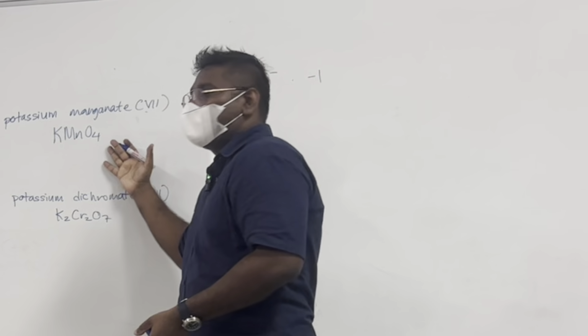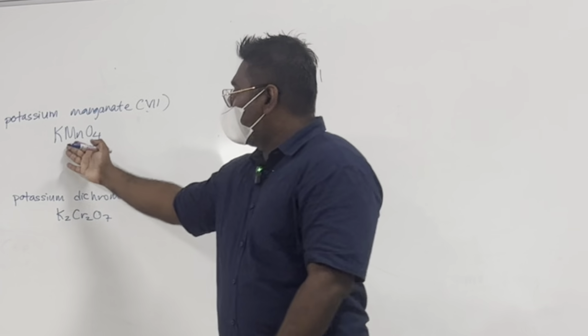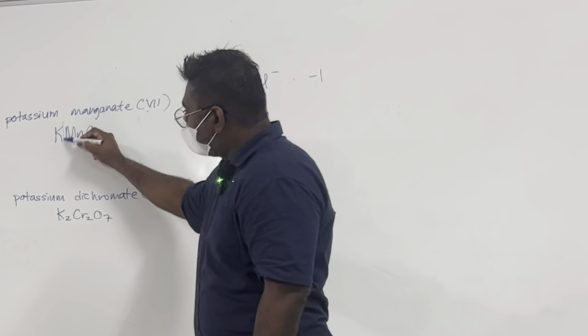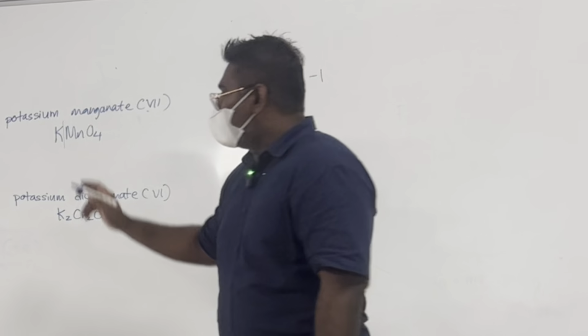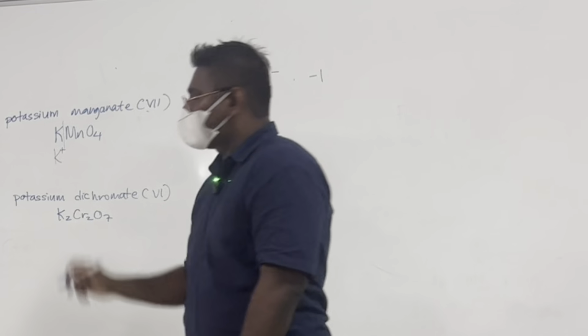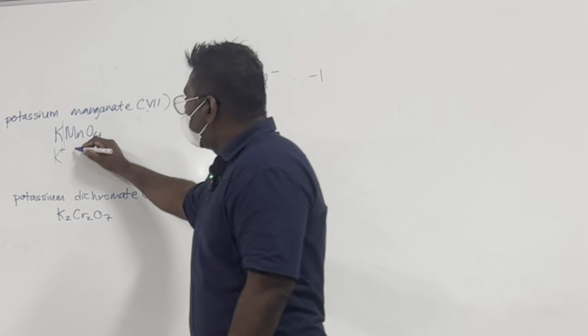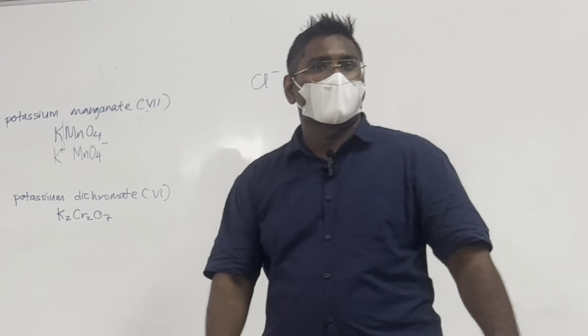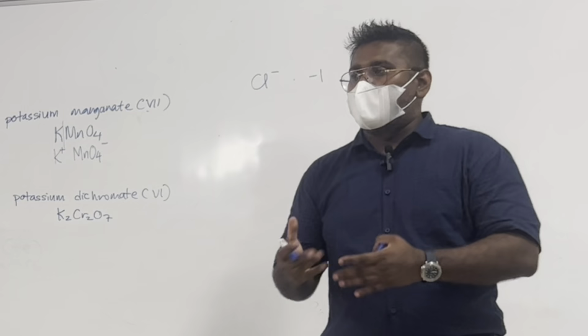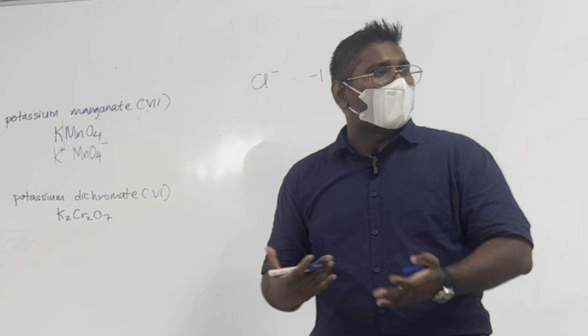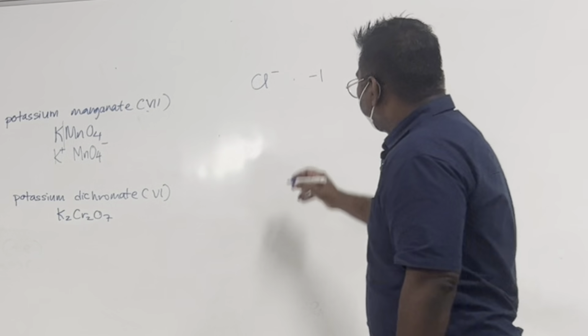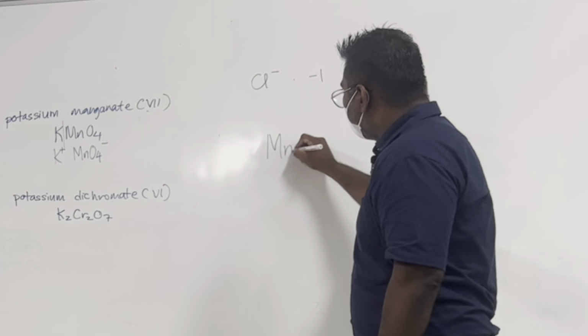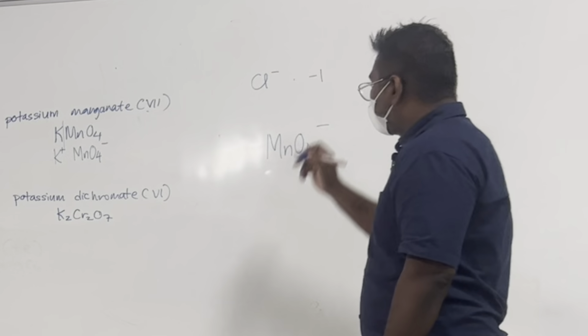KMnO4, K is group 1. If you separate them, you are going to get K plus and you are going to get MnO4 minus. For the complicated or so-called complex ion over here, I'm just going to look at MnO4 minus.